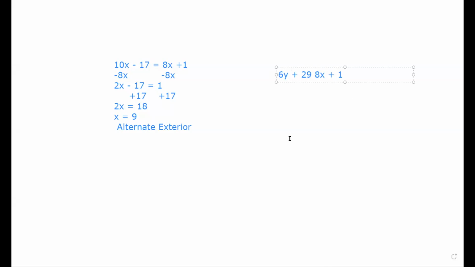Okay. And again, I know what x is now, so I can replace it. What's the relationship between those two angles on that line?